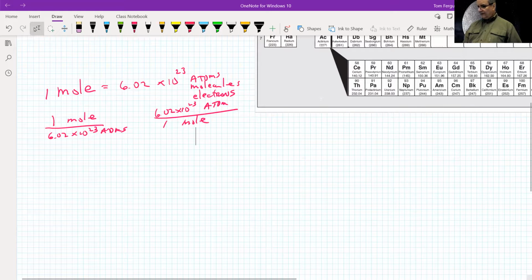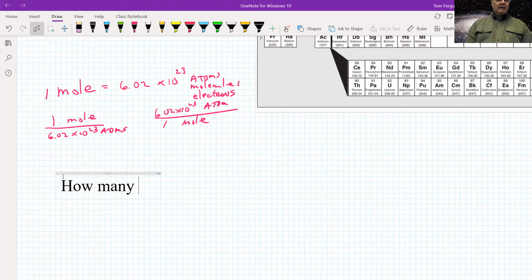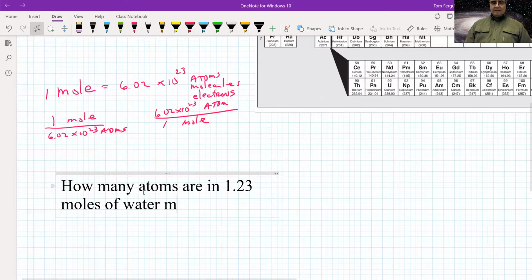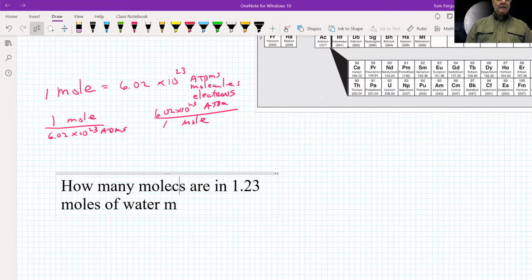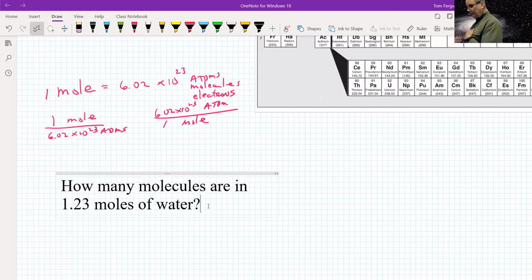Okay, so for example, how many molecules are in 1.23 moles of water?